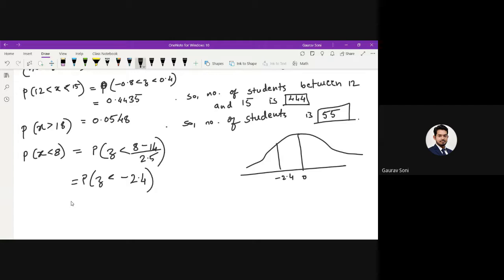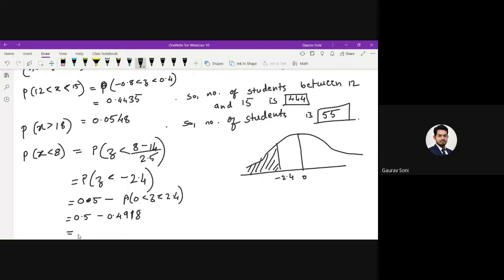So what we should do is 0.5 minus the area from 0 less than z less than 2.4. So that is 0.5 minus 0.4918.